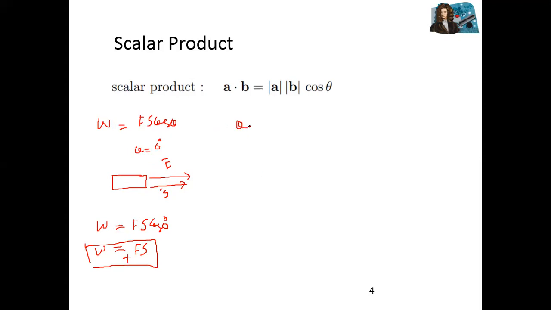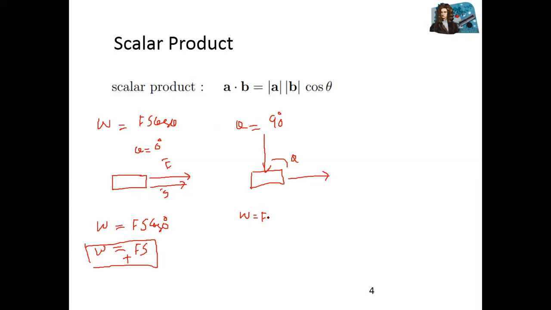Second condition, when the angle is 90 degrees. For example, we have a body of mass m. You are applying force from the upward direction, and you want to move this body in this direction. In this case, you can see the angle between these two is 90 degrees. So the cosine is 0. What will be the work done?